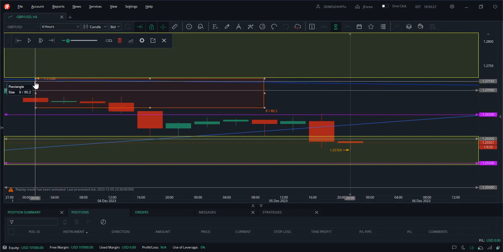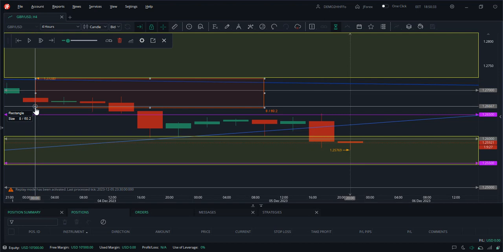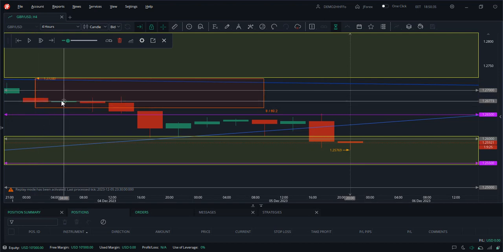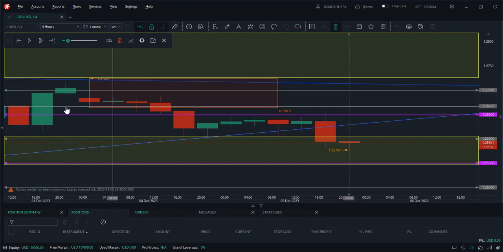You understand? So remember, we're getting the highest and lowest point they got to, using only the first two that formed on Monday, the 12 o'clock and the 4 o'clock. That is how we get the high and low of the week.